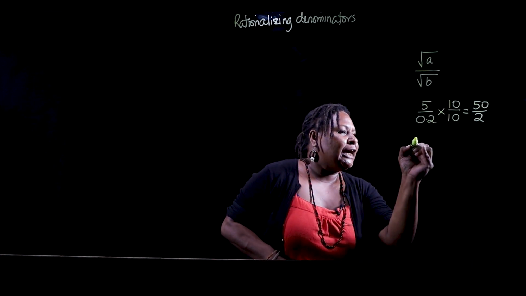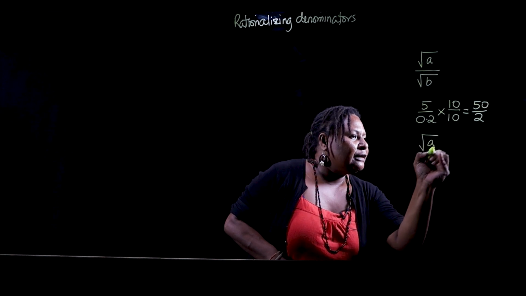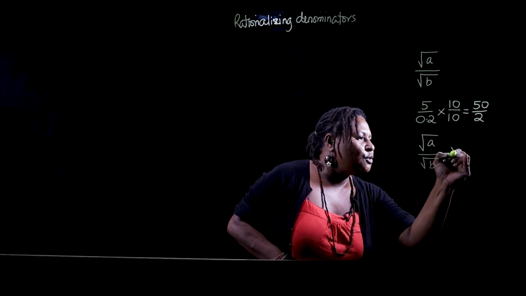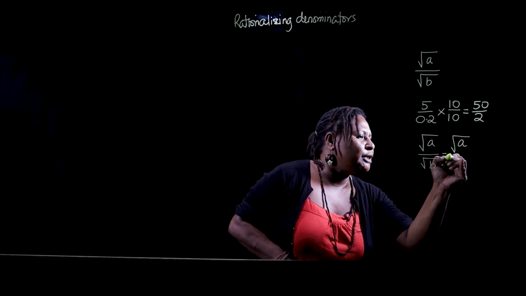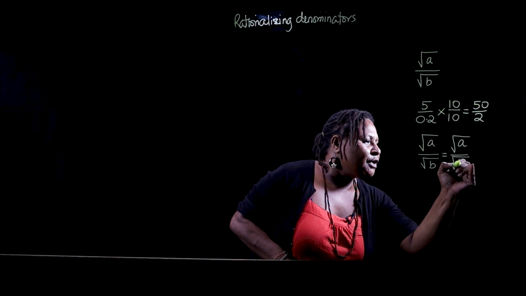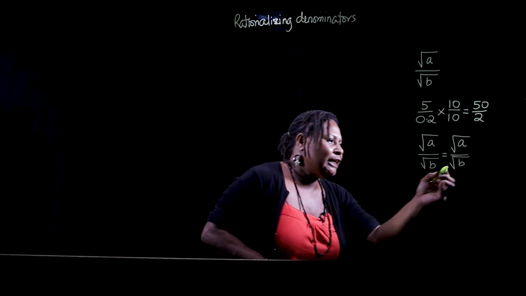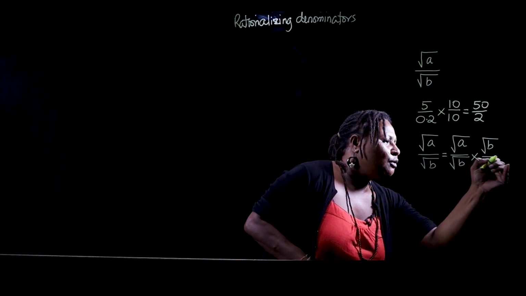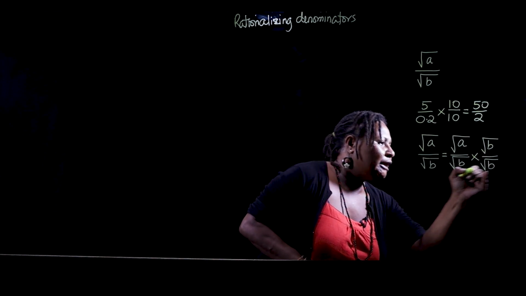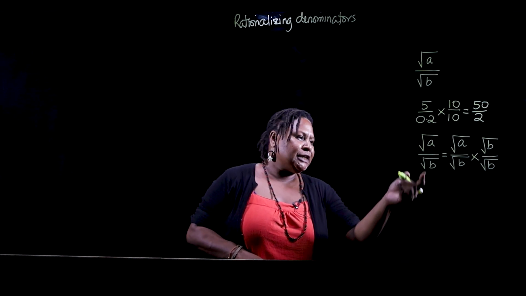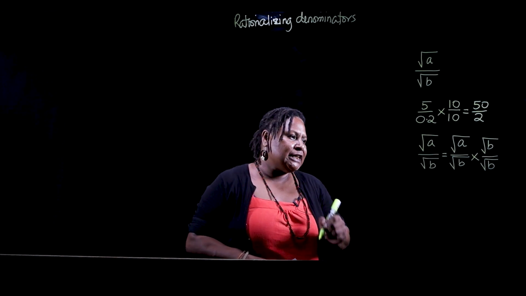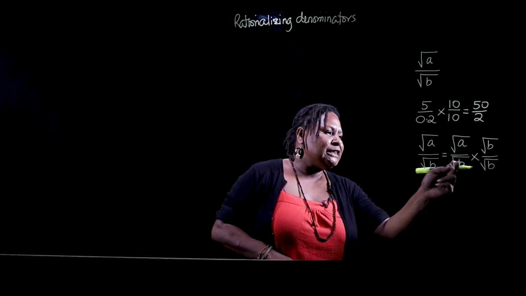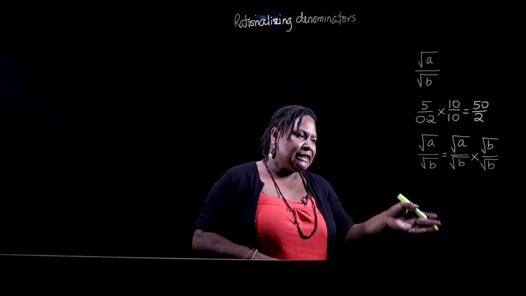So let's try it out here. Root A over root B, we are going to rationalize. We multiply it by root B over root B. Remember, in our last lesson, when we squared a radical by itself, the number inside the square root sign is the answer.